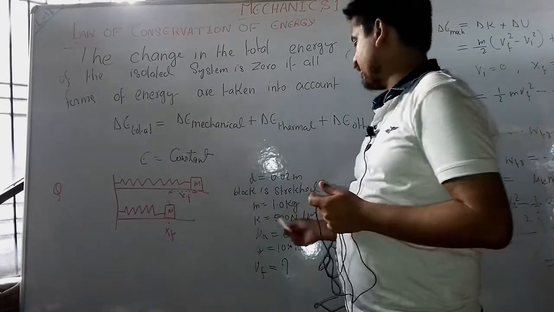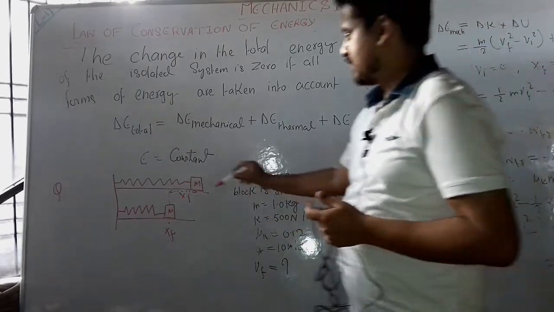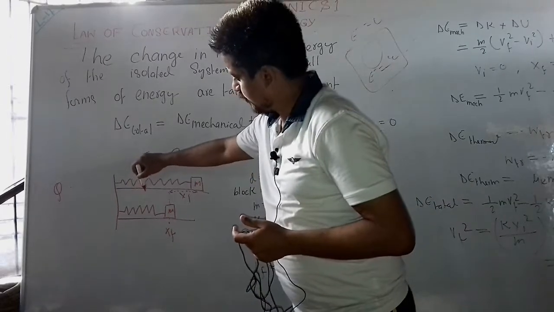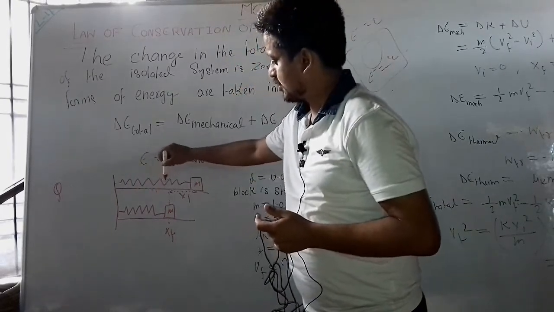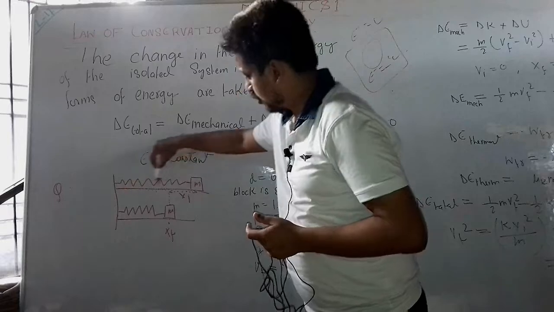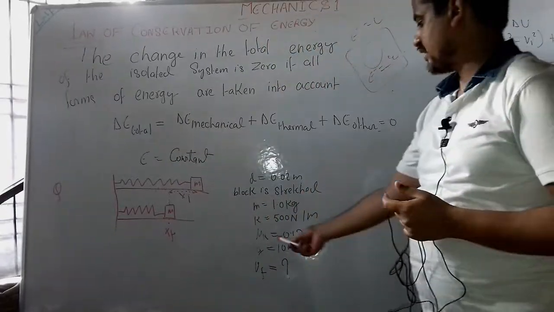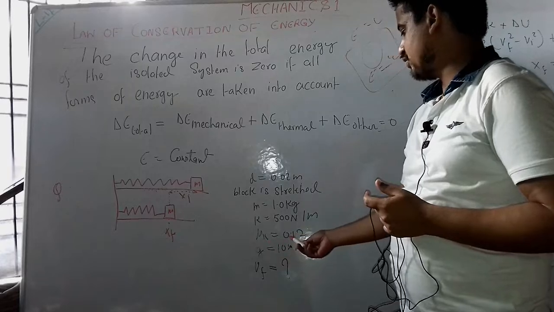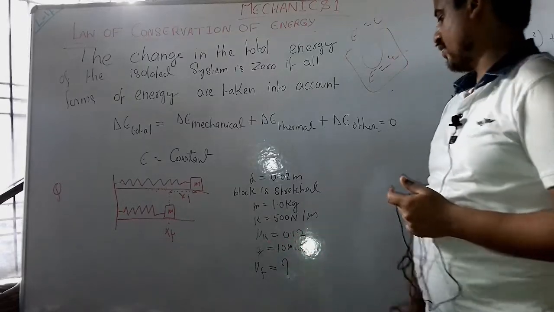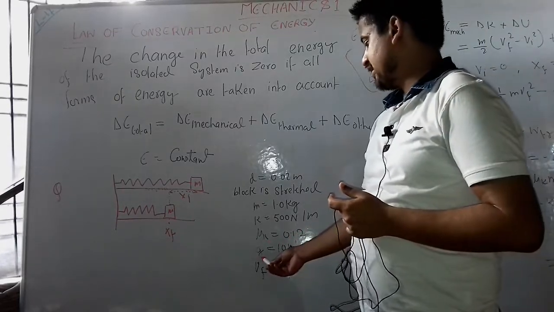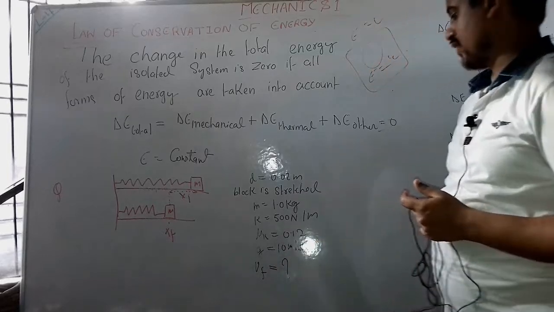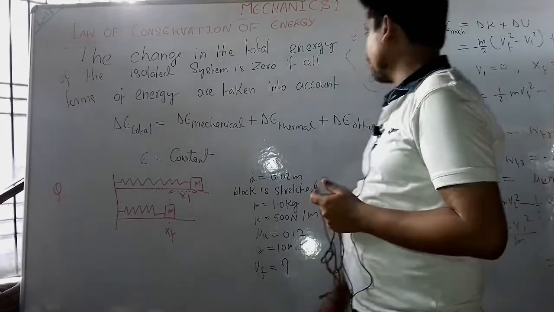The mass of this block is 1 kg, and this whole apparatus is on a table which has the friction coefficient 0.012, and we have taken g as 10 meter per second square. So we have to find the final velocity.